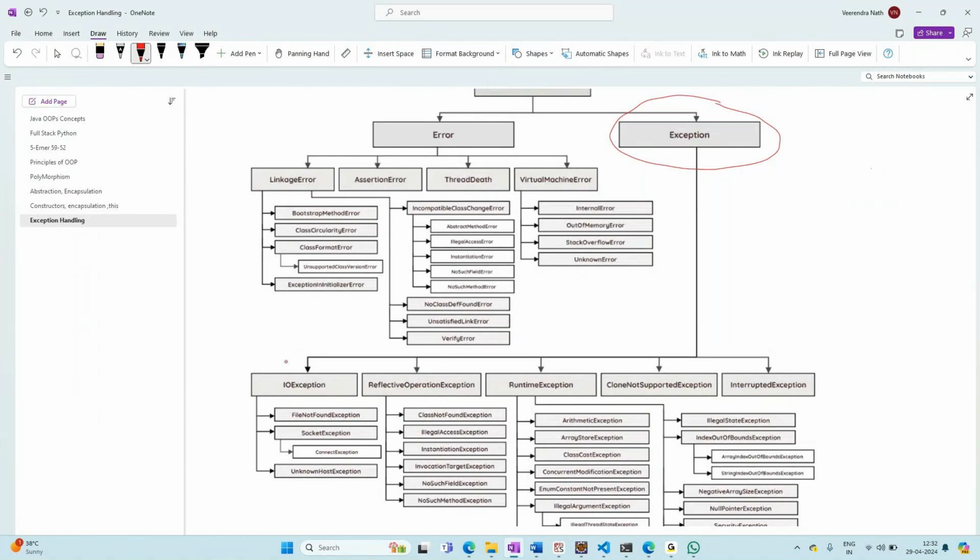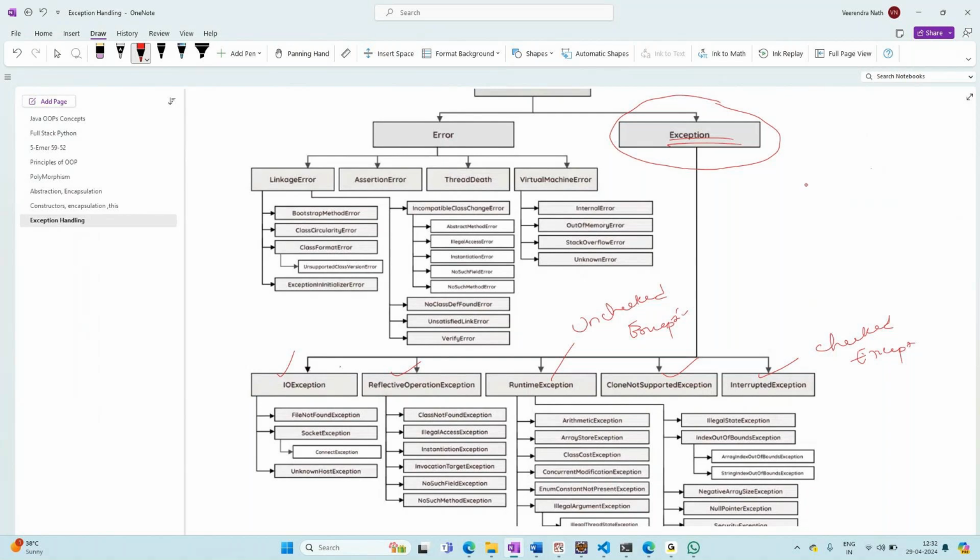These four are known as checked exceptions, and this is unchecked exceptions. I'll tell you the difference and everything. But who is the parent of all the exceptions?